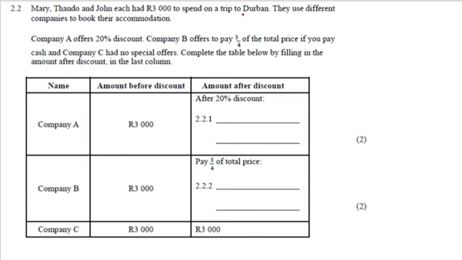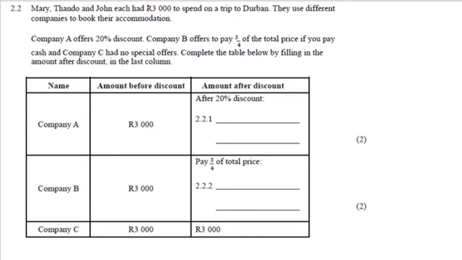Obviously they are going and taking a trip, so they need to book a hotel or something, accommodation, a place to stay. They use different companies to book their accommodation. They were just checking out their bookings, using different companies to see which one is cheaper.